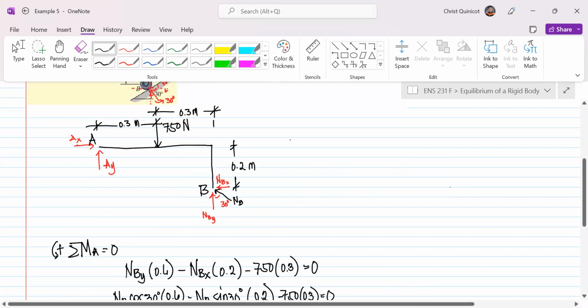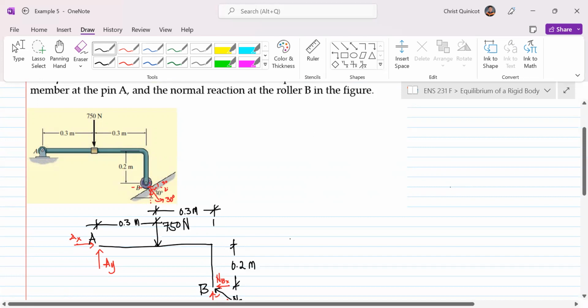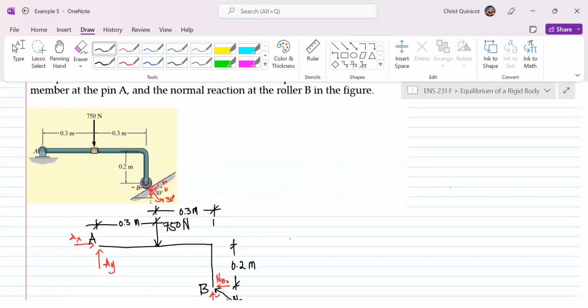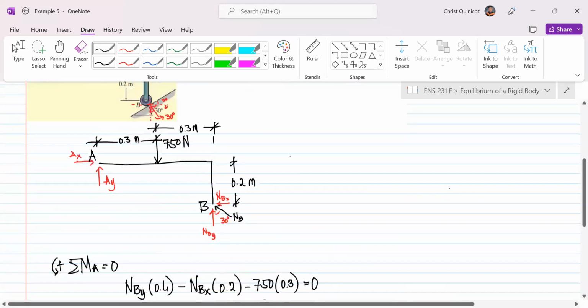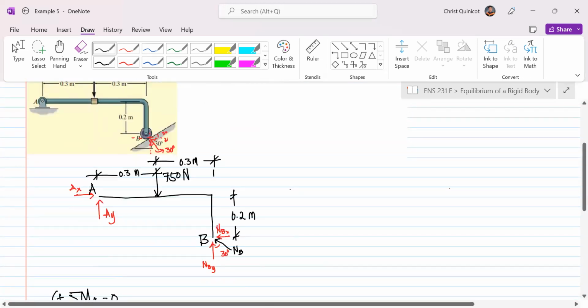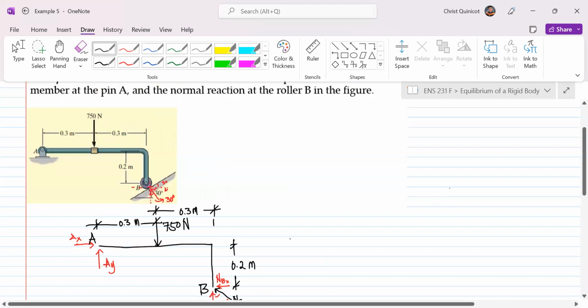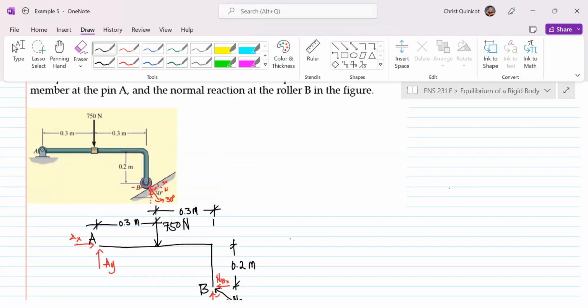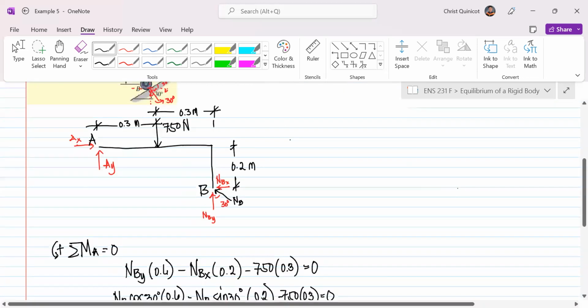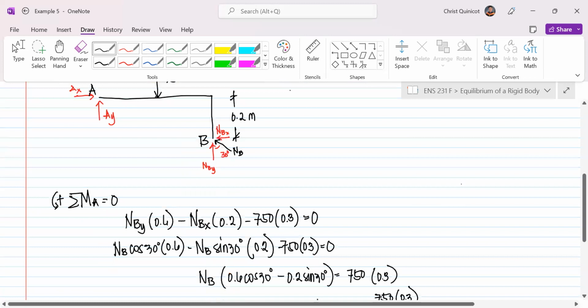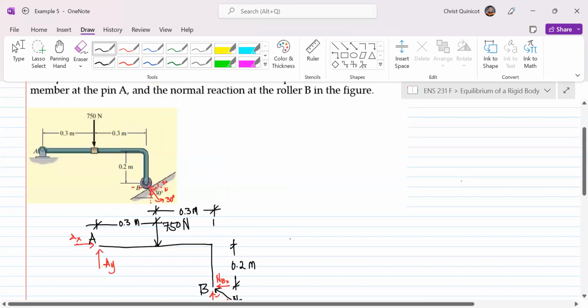If we did the moment at B, we would end up with two unknowns, A sub X and A sub Y, because the angle of our resultant A is not given. So it is better to do the moment at A.